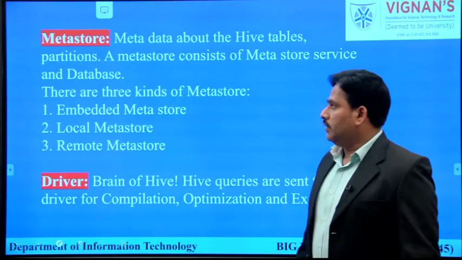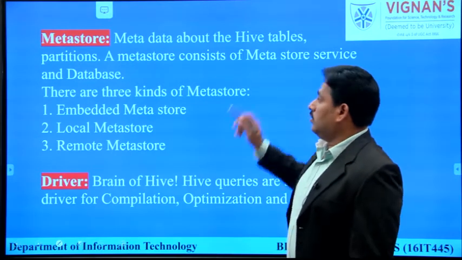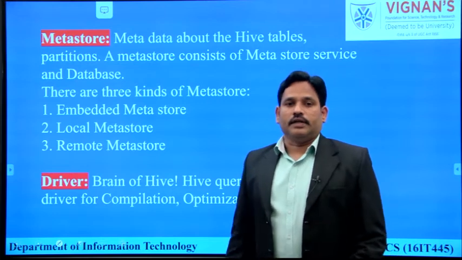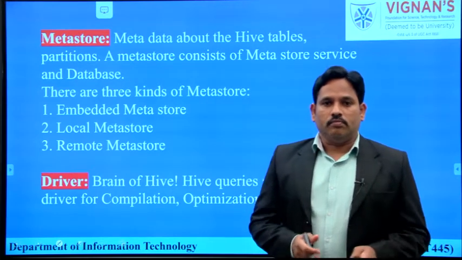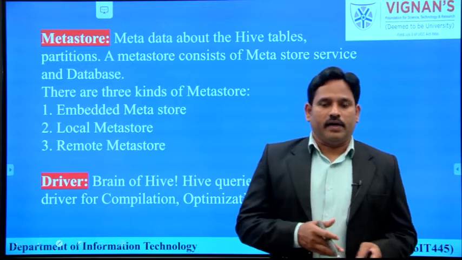And another major component is the Metastore. The Metastore is about Hive tables and partitions. That means how many partitions have been created, and in each partition how many buckets have been created.